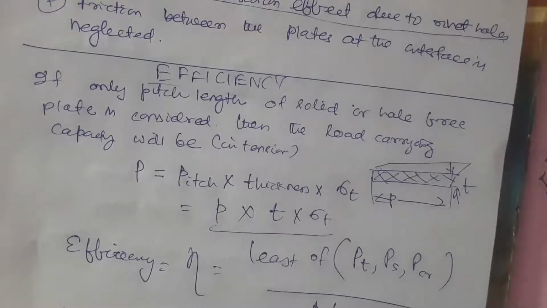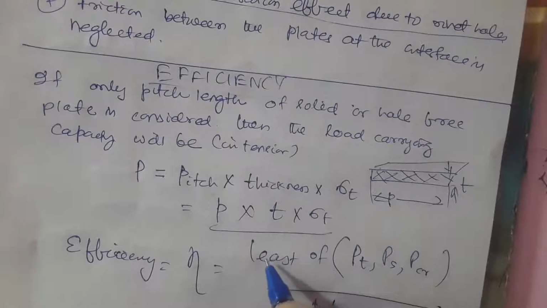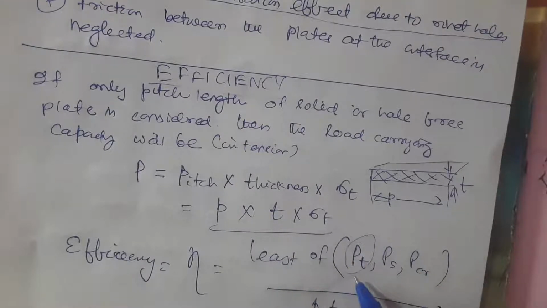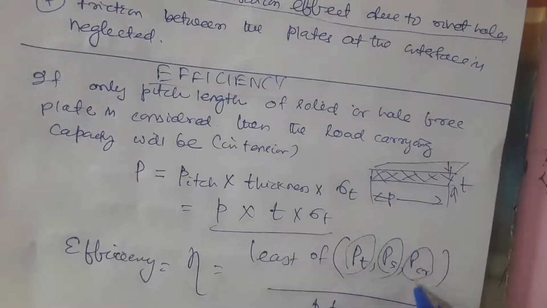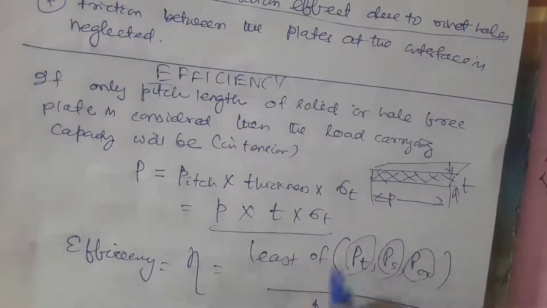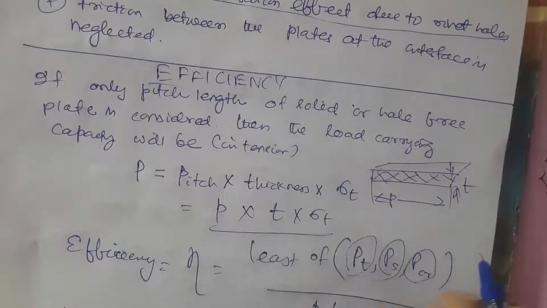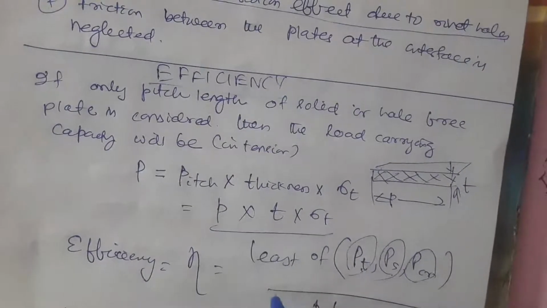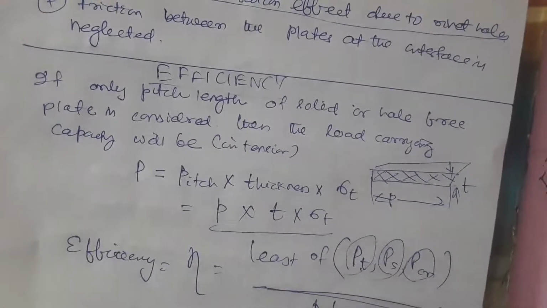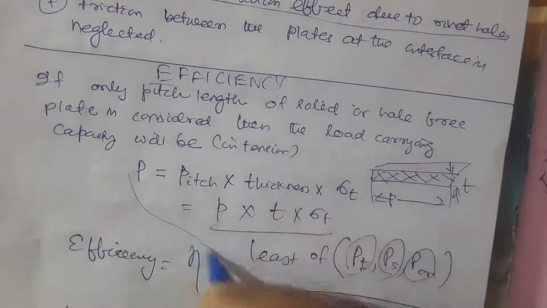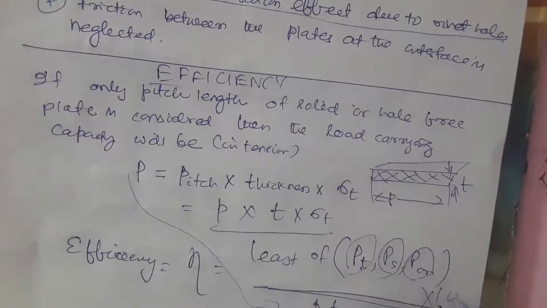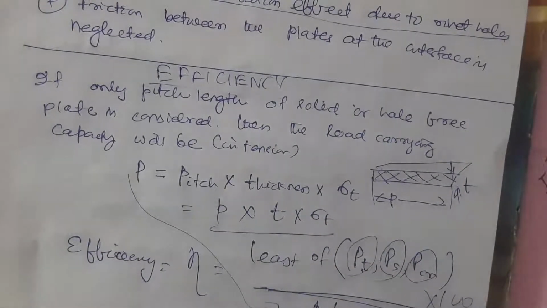That will be the solid strength of the plate. But we have already calculated the tearing strength, the shearing strength, the crushing strength and the margin shear strength. We have to see all of them, and whichever is the least among these goes in the numerator, divided by the solid strength of the plate, into 100, which gives you the efficiency of the joint.